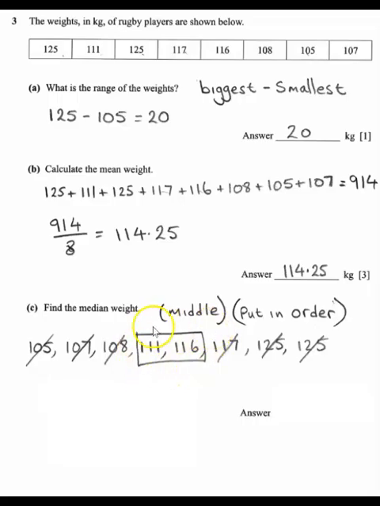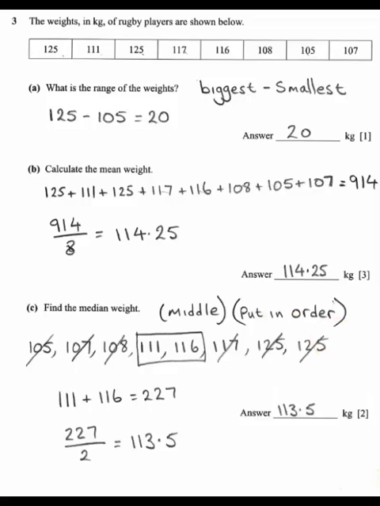Now there's 2 left in the middle here, so what you would have to do with those 2 numbers is add those 2 numbers up, and then you would need to divide them by 2 because you want to find halfway in between these two numbers. So the halfway point would be when you divide by 2, which is 113.5. So the final answer there, 113.5.